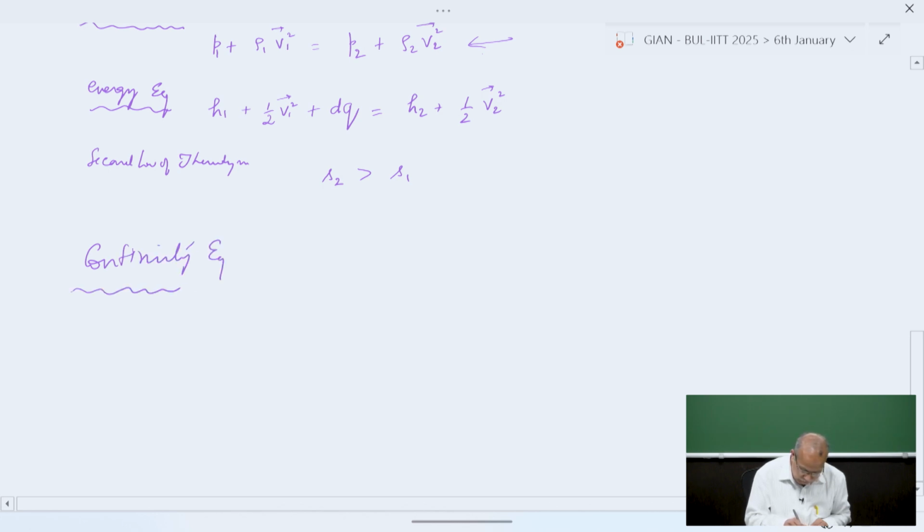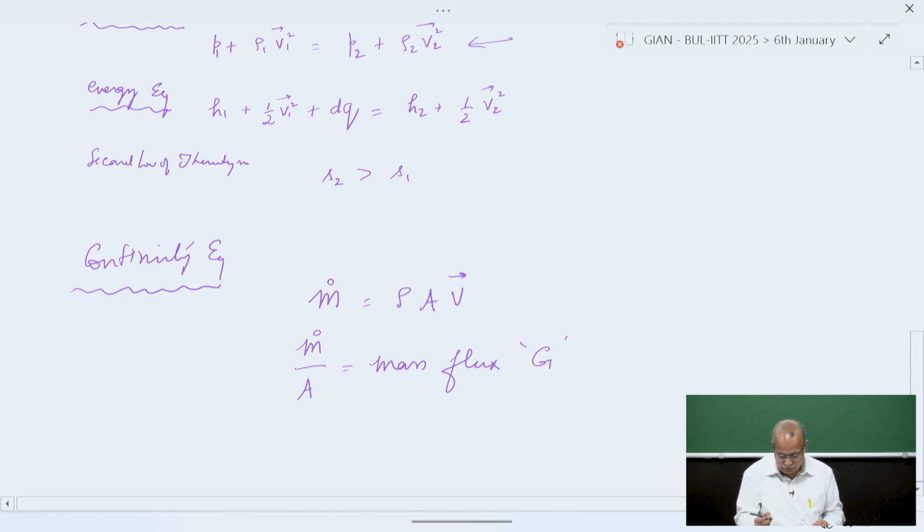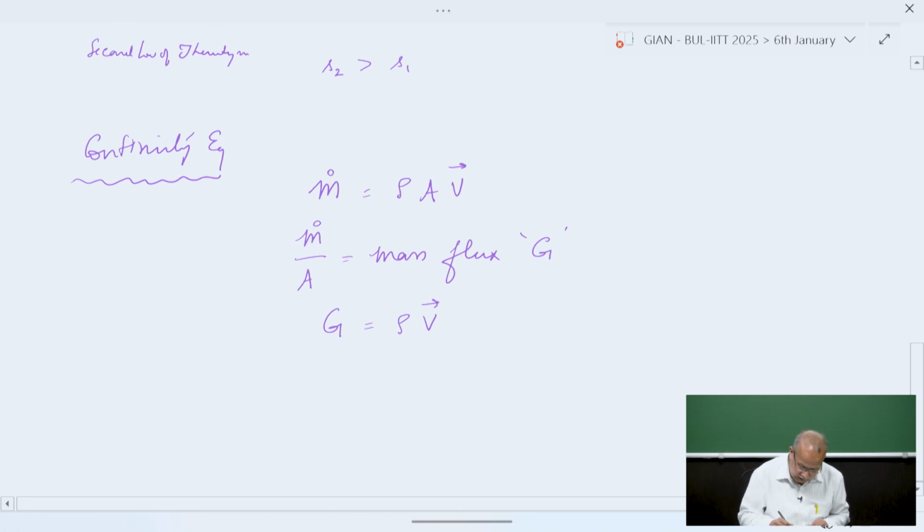Continuity equation: mass flow rate is equal to rho A V, and this mass flow rate per unit area is the mass flux, which I am denoting with the term G. So mass flux G is equal to rho V, and from this I can write the velocity is equal to mass flux by rho.